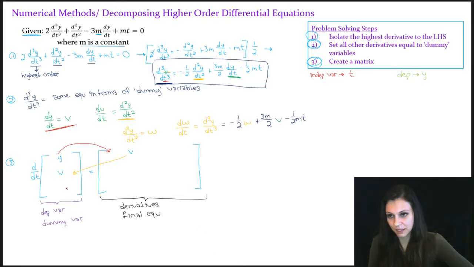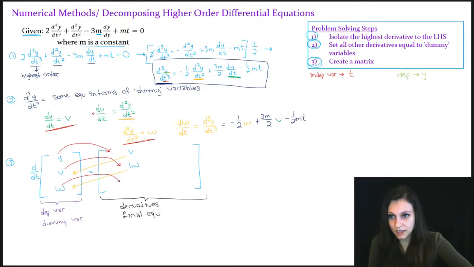And then I'm going to do the same thing again. So I'm going to take the derivative of v. The derivative of v is w, because w equals the second derivative of y, and the second derivative of y equals the derivative of v. So I'm going to put w right here. And then I'm going to bring w down to the next spot in my left-hand side matrix.